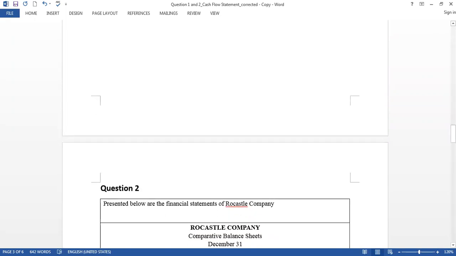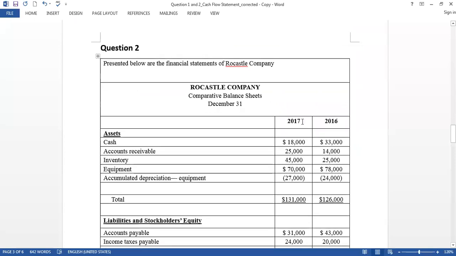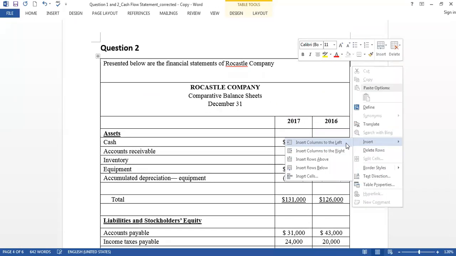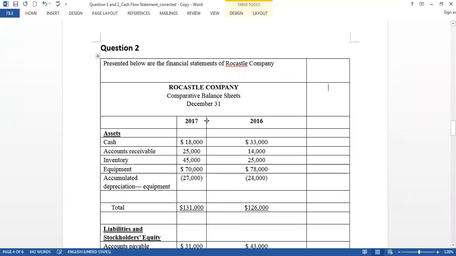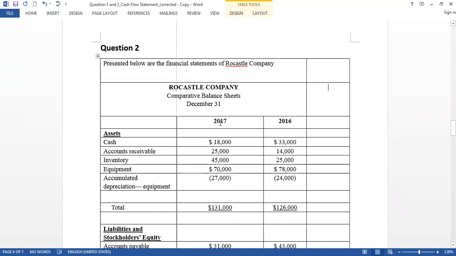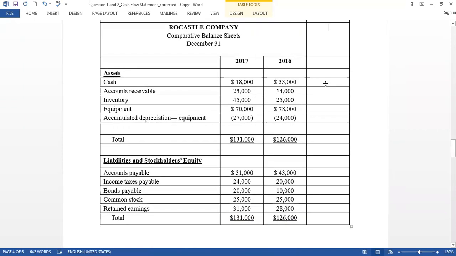So again, whenever you find a question, do this kind of calculation. Cash increase or decrease here: cash decrease $15,000.